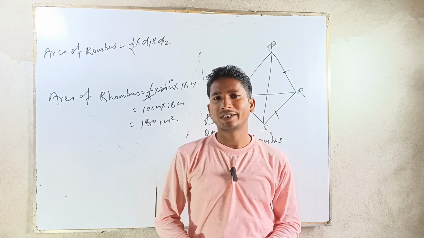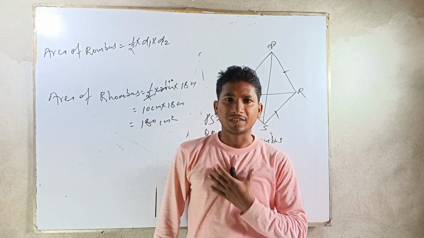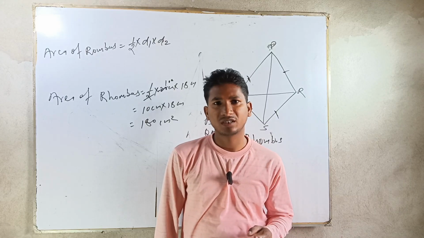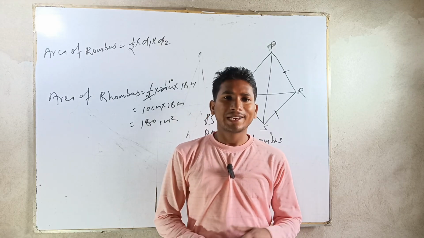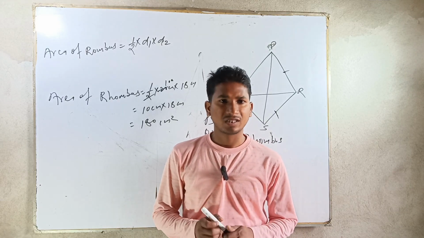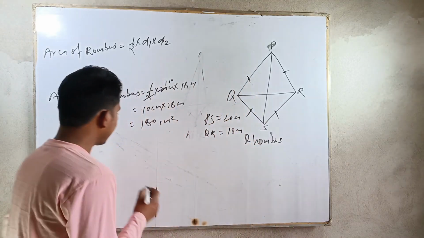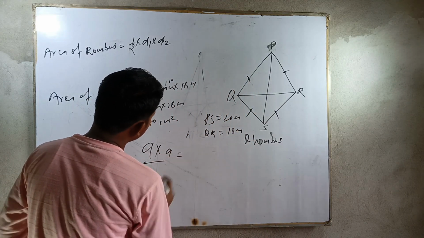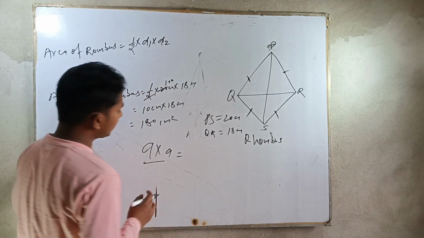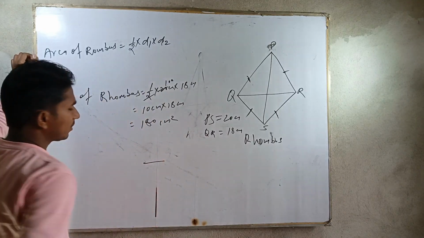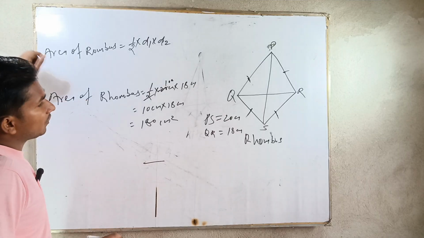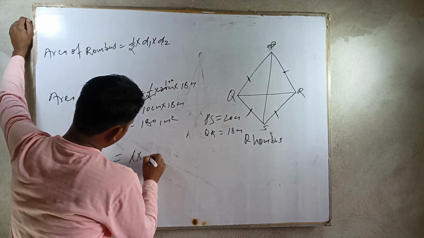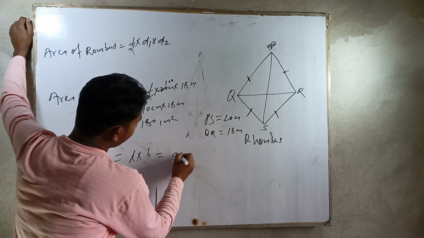If any type of quadrilateral is given, suppose a rectangle, we know the area of a rectangle is L into B. For a square, you multiply side into side, because both sides are A. We find the area like a rectangle, but instead of L and B, A and A is written.